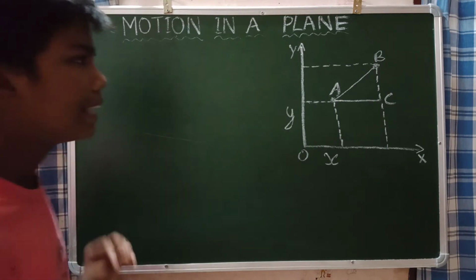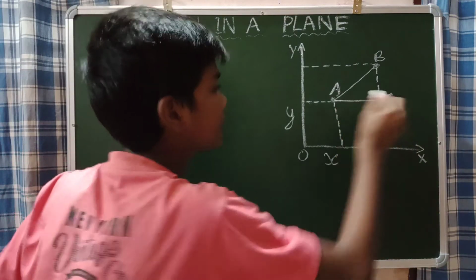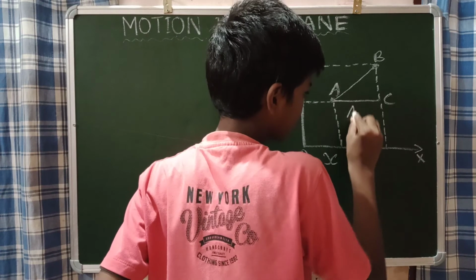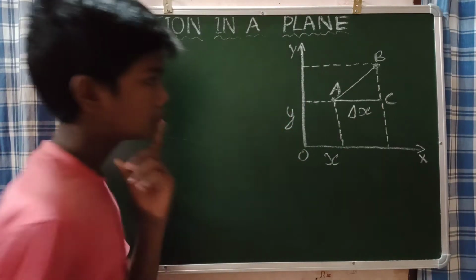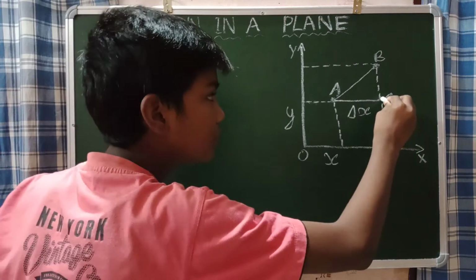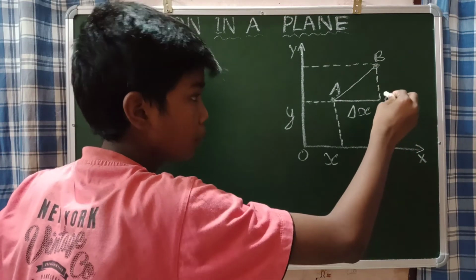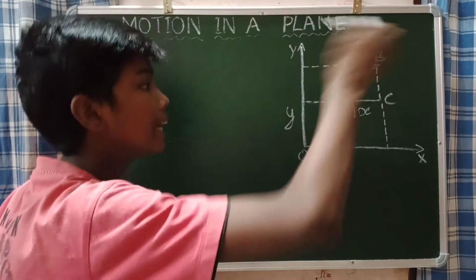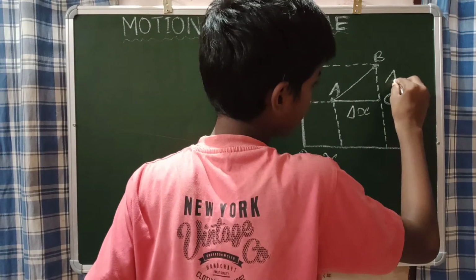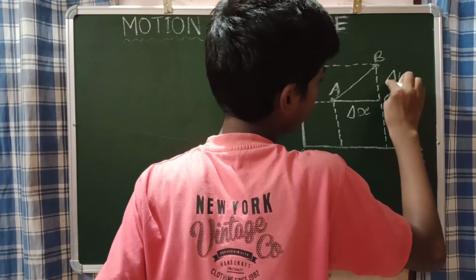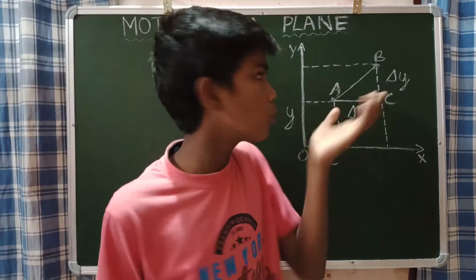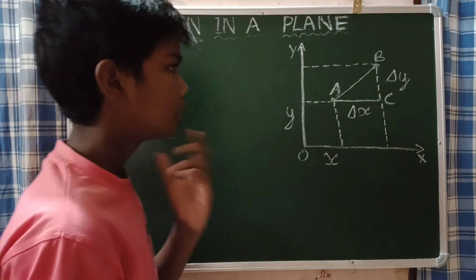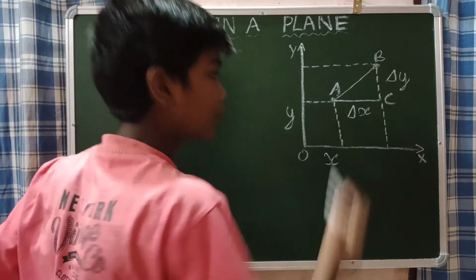Now I am going to say the length of this AC as delta x. And the length of this CB, that means from the point C to point B, is delta y. Now you can easily find the coordinate of this position B. What will be the x coordinate of position B?